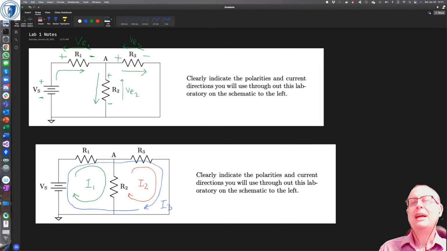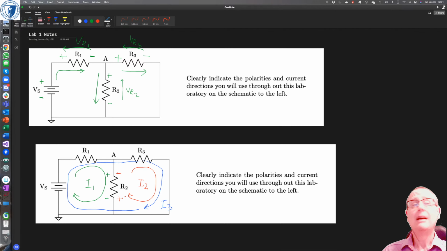And you'll notice, let's just look at R2. You'll notice for I1 you've got the current flowing in on the top and out on the bottom. But for current I2 in R2, you've got it flowing in on the bottom and out on the top.